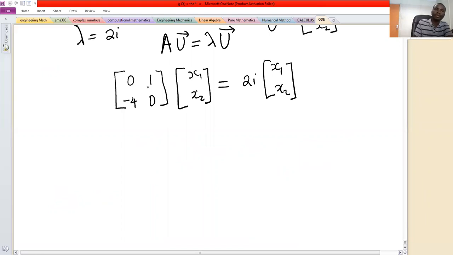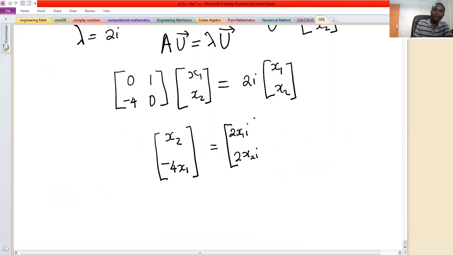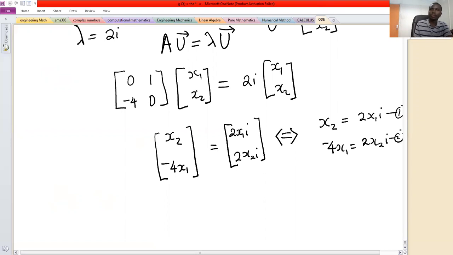Now 0 by x1 is 0, 1 times x2 is x2, minus 4 times x1 is minus 4x1, plus 0 times x2 remains minus 4x1, equals to 2x1 i, 2x2 i, from which this is the same thing as saying x2 equals to 2x1 i and minus 4x1 equals to 2x2 i. Call this equation 1, call this equation 2.